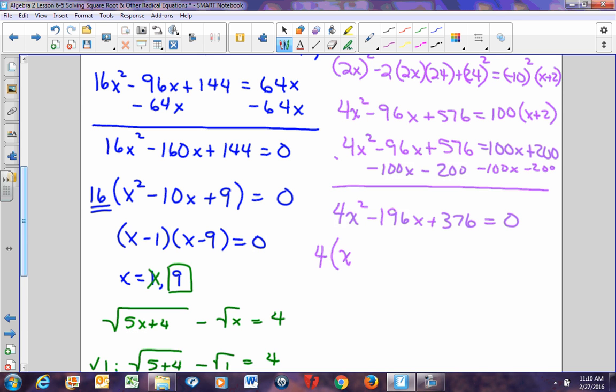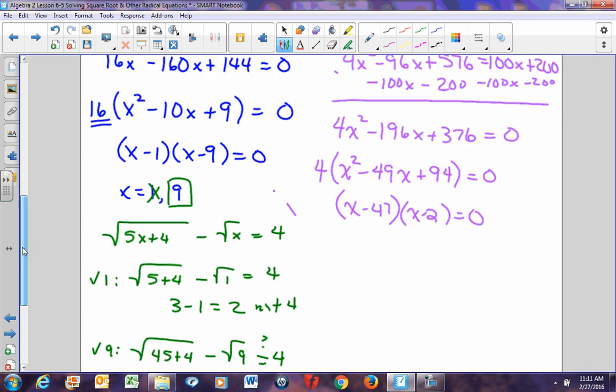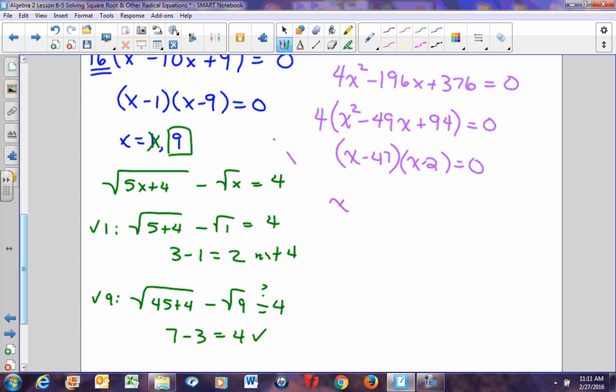Take out my 4 on the left: x squared, negative 196 divided by 4 is negative 49, so negative 49x, and 376 divided by 4 is 94. Now I need two numbers that multiply together to get 94 and add together to get negative 49. That would be negative 47 and negative 2. So x minus 47, x minus 2 equals 0. And leave the 4 alone because there's a variable attached to it. So x will equal 47 and x equals 2.